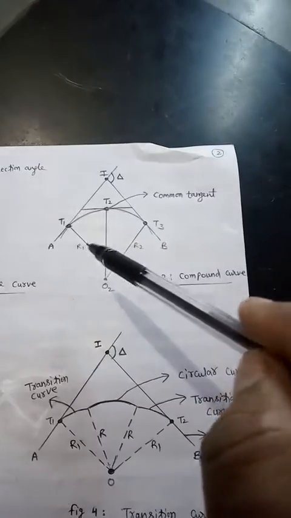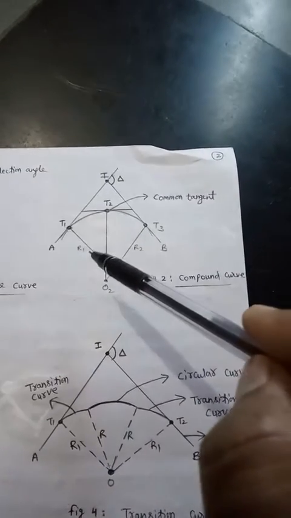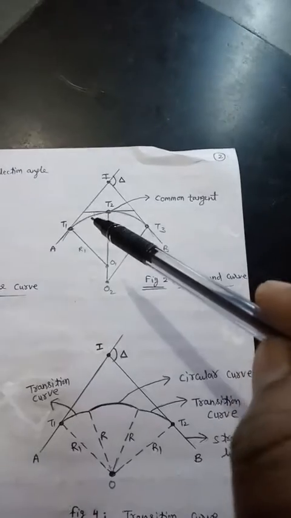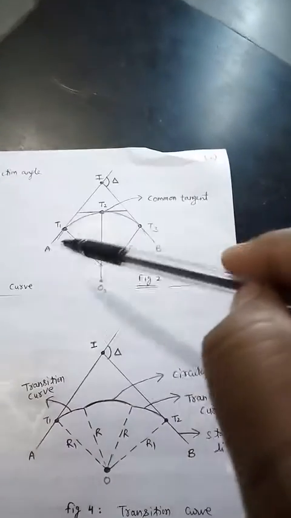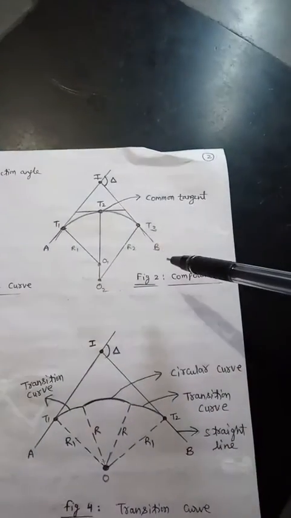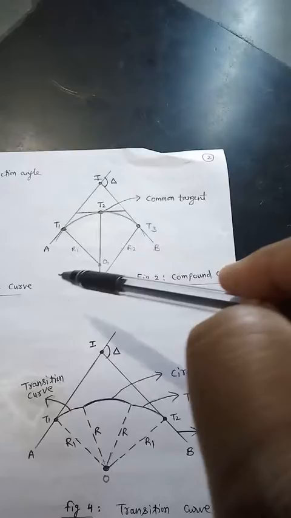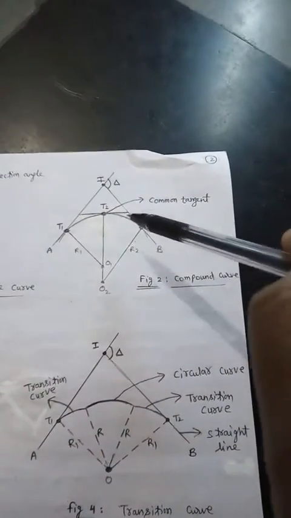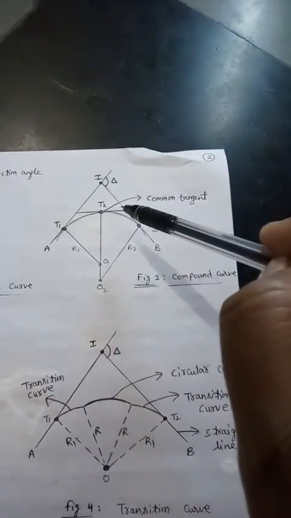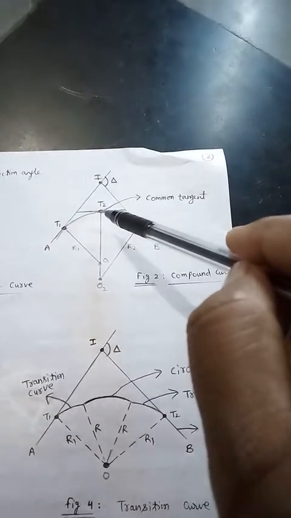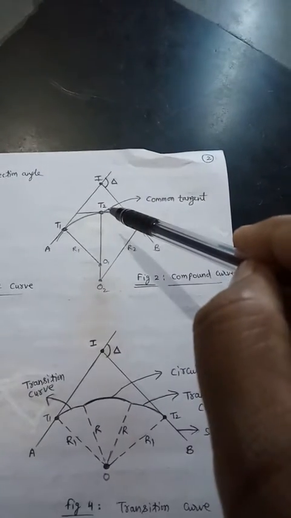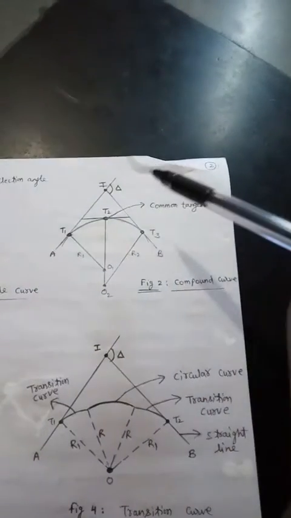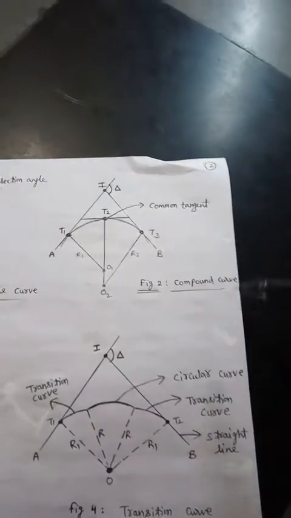This is one radius, this is another radius, connecting two straight lines tangentially, having a common tangent at their junction. This is the junction point, this is the common tangent. So this is the figure of a compound curve.